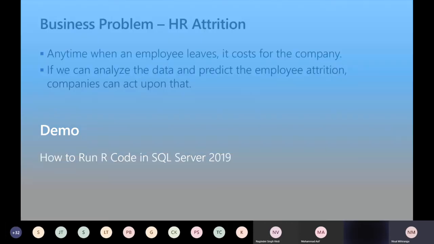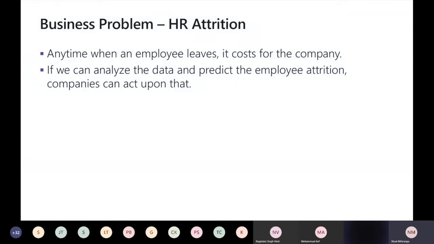So let's talk about a business problem, the second demo I'm going to run today. It's based on HR attrition. As you know, any time an employee leaves, it costs the company. If the company knows in advance that they are leaving, they can perform certain tasks in order to make a decision.